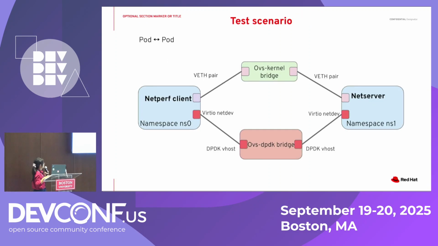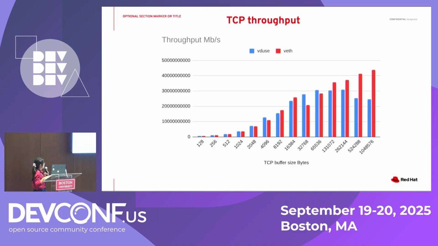Here is the test scenario. Let's start from the first chart. It shows the TCP throughput performance. The blue bar is VDUSE and the red bar is veth. We tested packet sizes from 128 bytes to 1 megabyte.